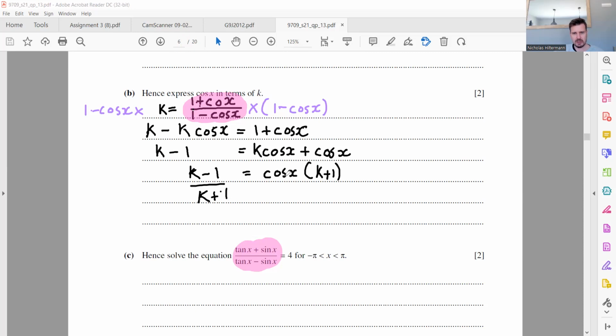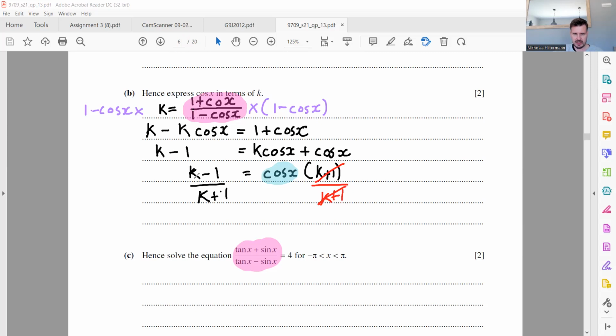Then we got cos x to equal (k - 1) / (k + 1). That was the next bit. By the way, this was last question. What we did was we divided both sides by k + 1 to get k on its own.